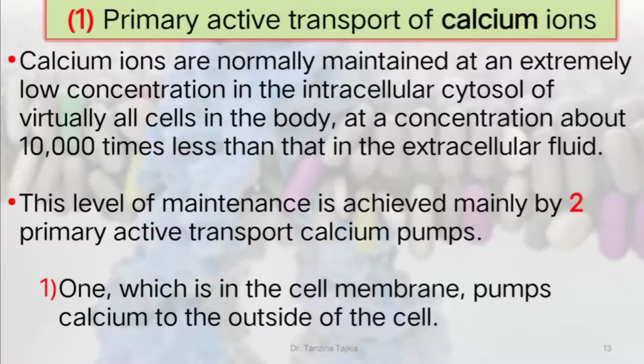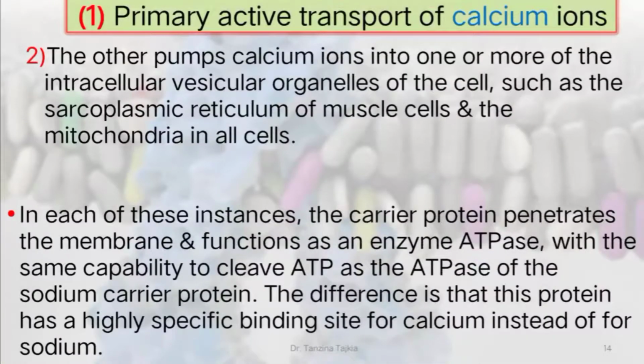One, which is in the cell membrane, pumps calcium to the outside of the cell. The other pumps calcium ions into one or more of the intracellular vesicular organelles of the cell, such as the sarcoplasmic reticulum of muscle cells and mitochondria in all cells.